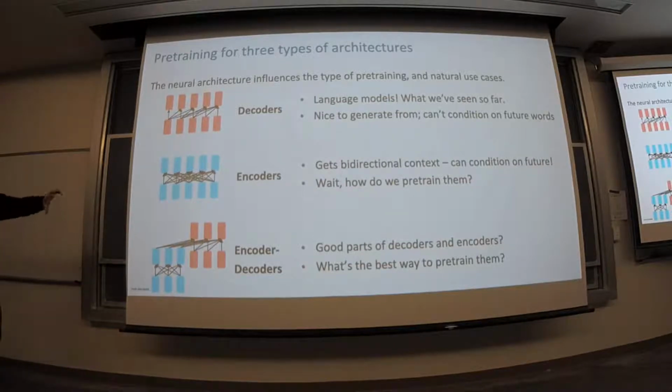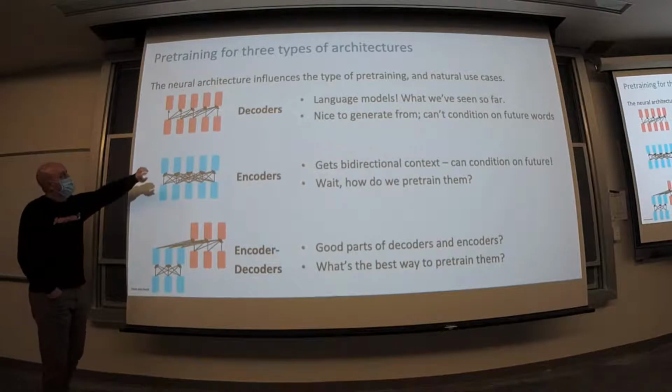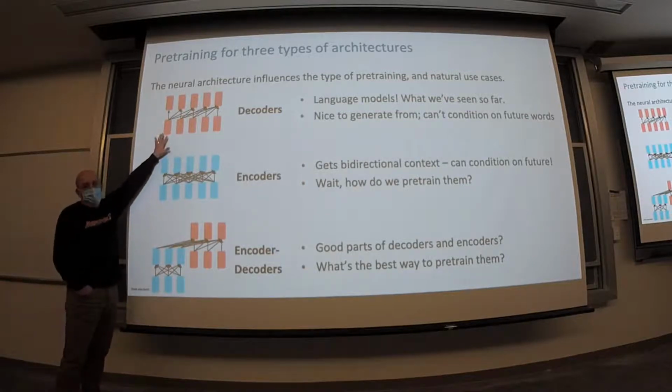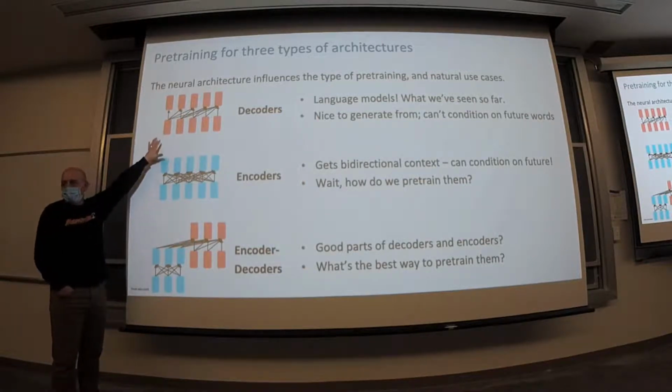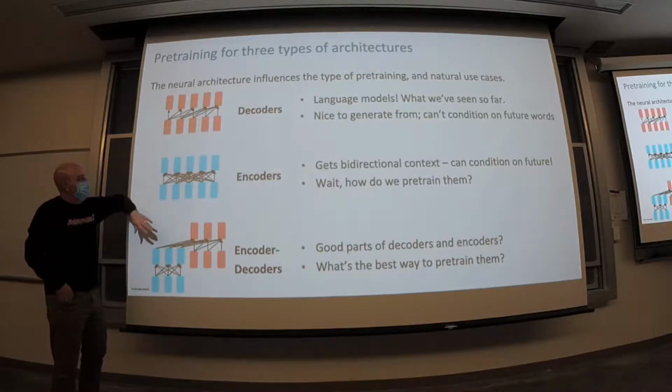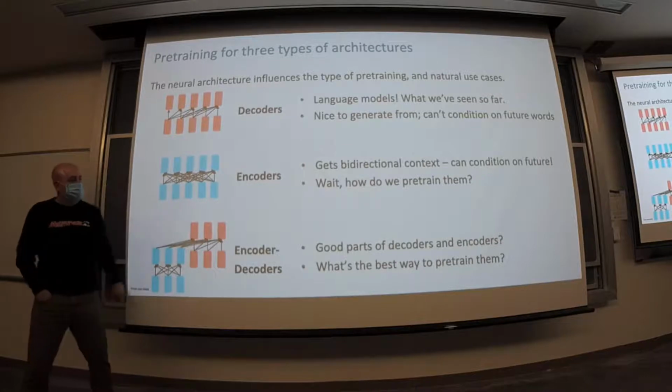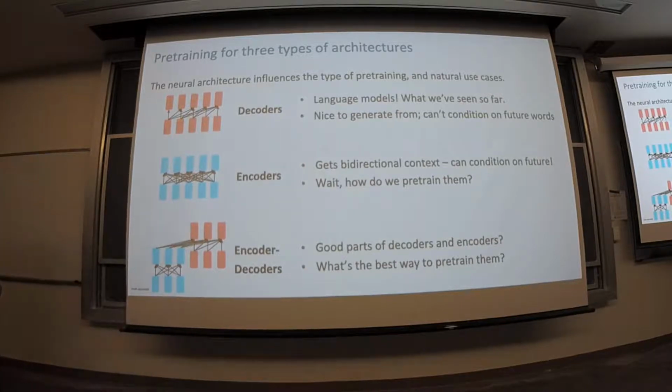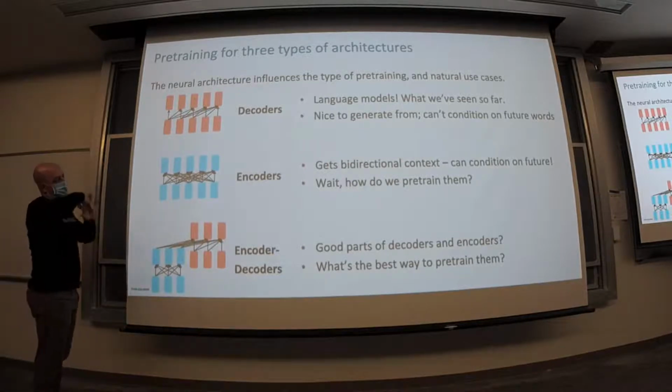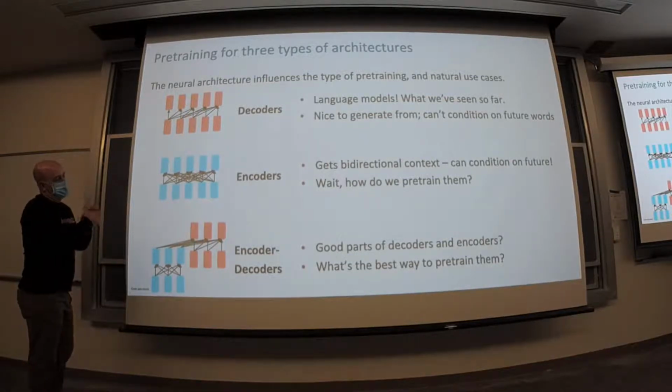The kind of pre-training we do is different if we're going to use the decoder from a transformer, different if we're going to use the encoder, and different if we're going to use both. This might seem a little weird at first, but you'll see as we look at the examples what we mean. We'll start with the decoders first because they're the easiest to think about, because already our tasks have been supervised at the decoder level.